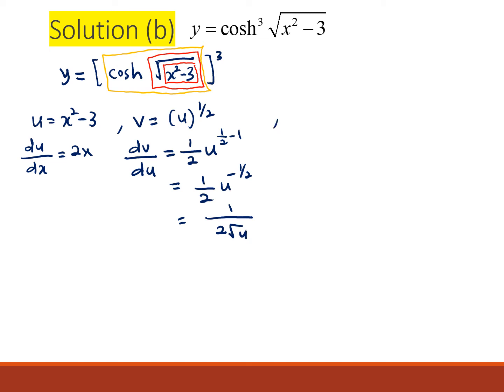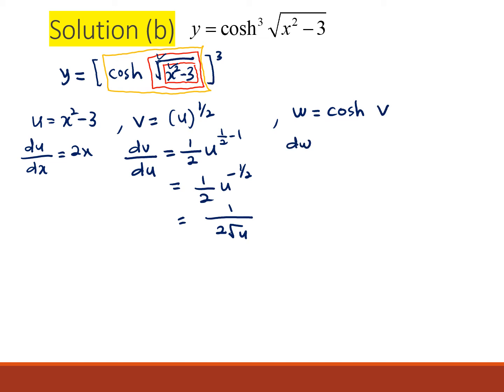Okay, the next one, we have another function which is cosh. We represent it as w, cosh of all this square root of x squared minus 3, which is cosh of v.